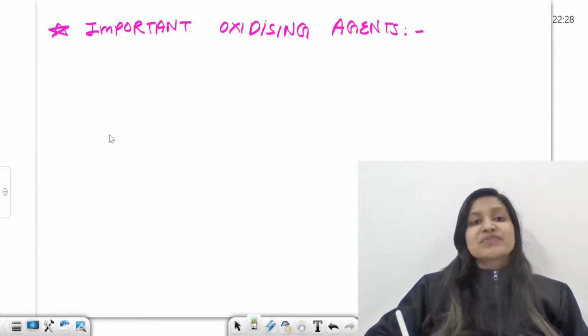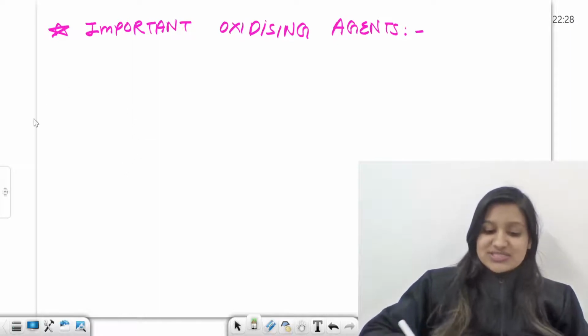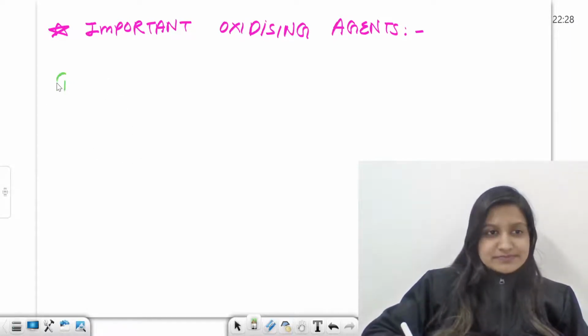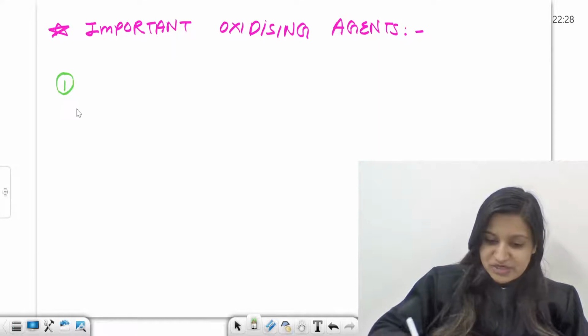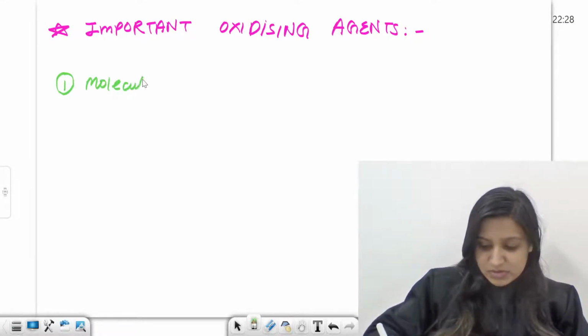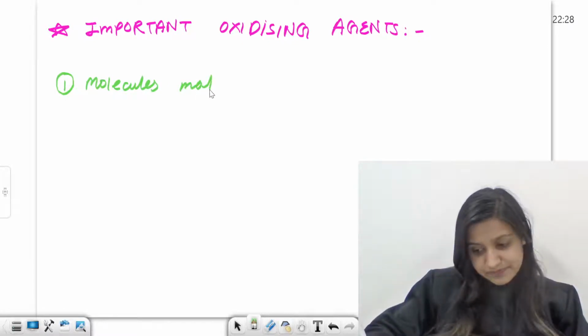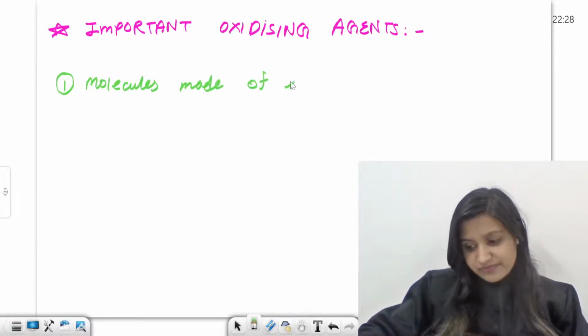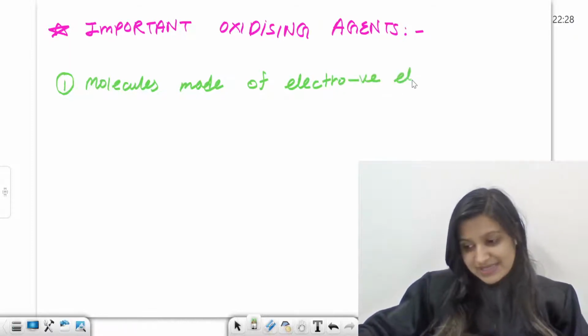So good oxidizing agents are, number one, molecules made of electronegative elements.